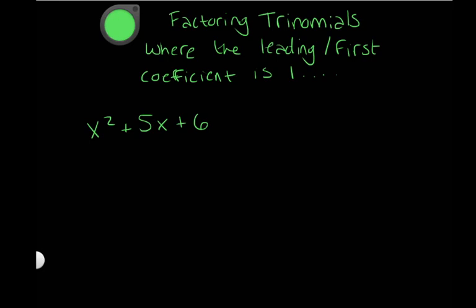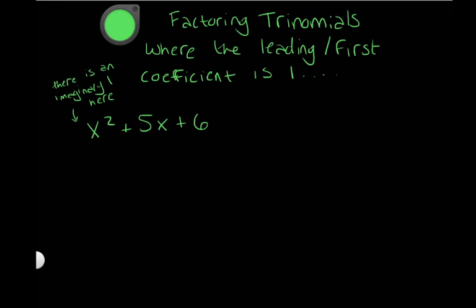Because we don't have a number there, that means there's an imaginary 1 here. All right, so because there's an imaginary 1 in front of the x squared, this little trick will work.